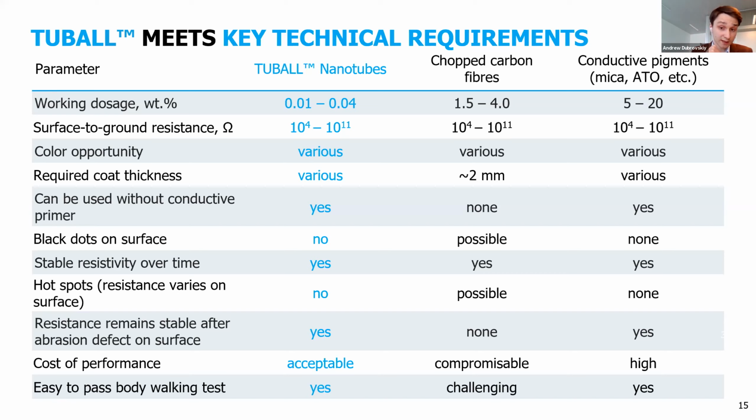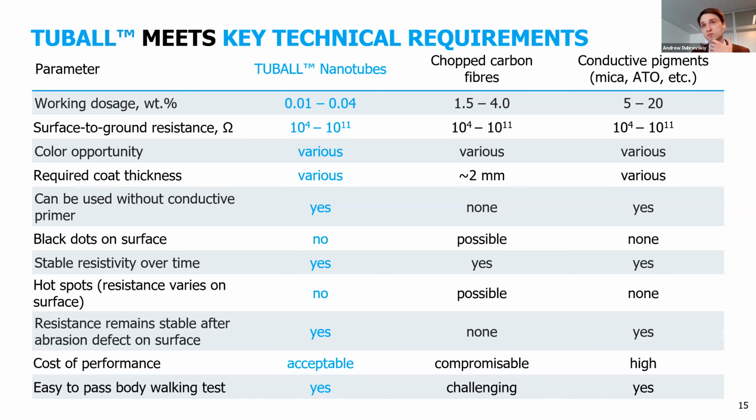But let's move on. Another commonly used conductive additive is conductive mica, some electrically conductive pigments. And this is a stable solution, also commonly used today in the market. It can provide you with a good level of electrical conductivity. But the working dosage of the active material is relatively high, and the cost performance is not very effective.